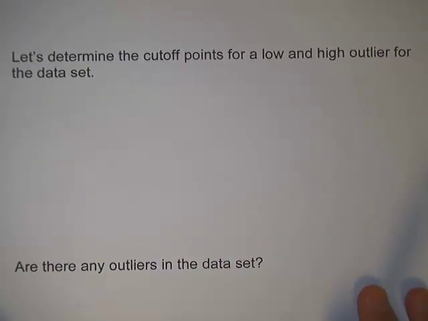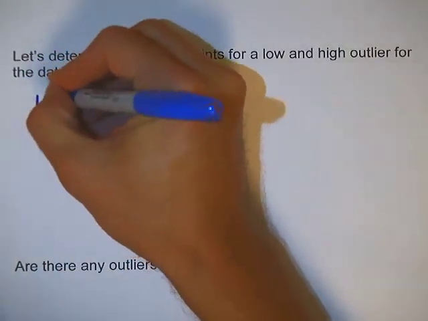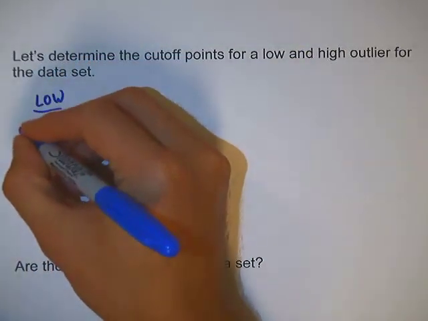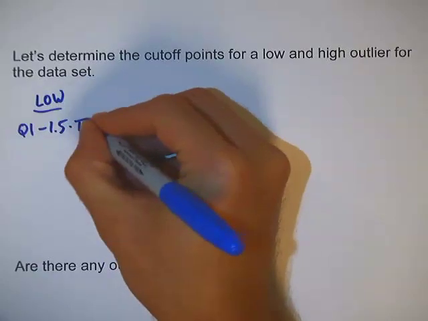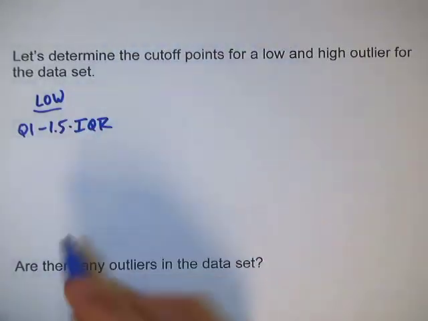So let's actually calculate those for our data set. Okay, so let's start with the low outlier. We'll do that one first. So a low outlier has to be smaller than Q1 minus 1.5 times the IQR.